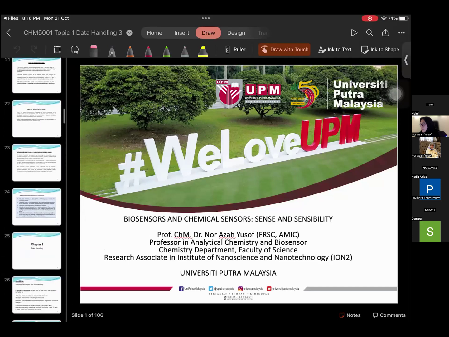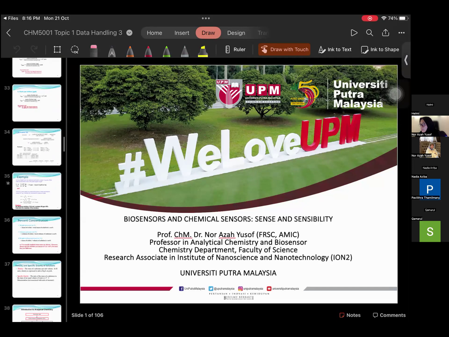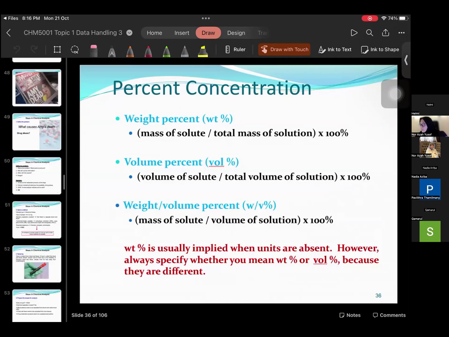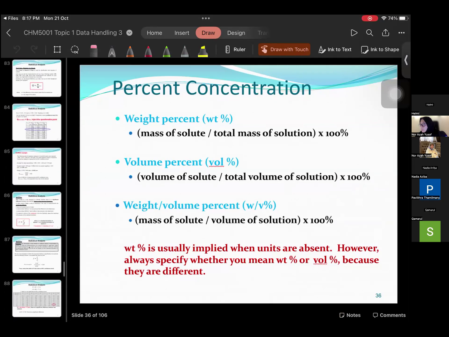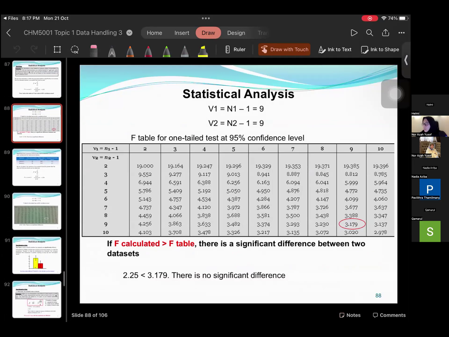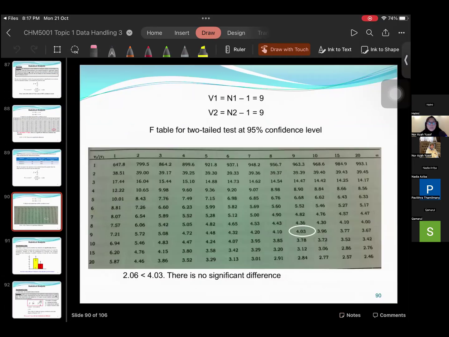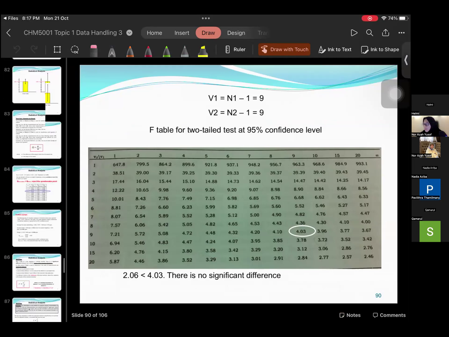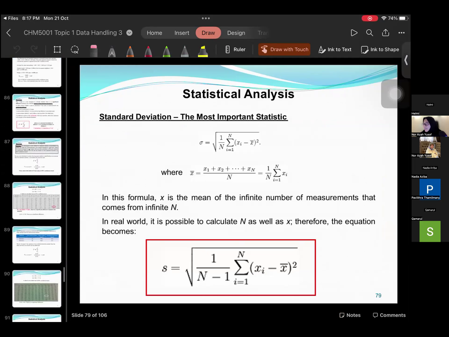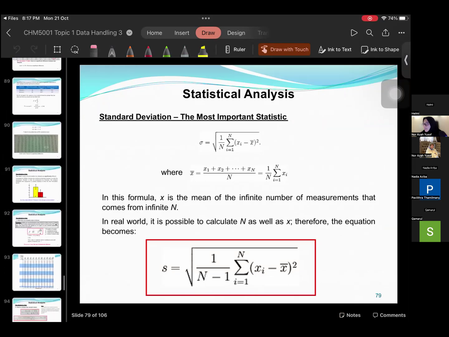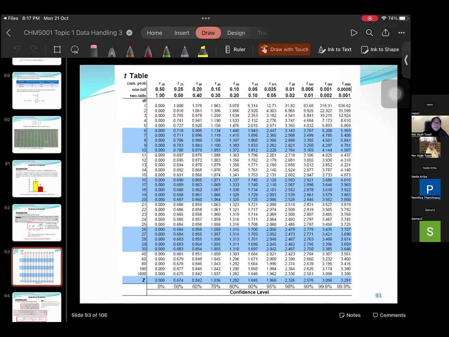I think I have the table here. This is the F table. Doctor, is it on slide 79, Doctor? Is this one, right? 79. 79 is the formula. Mine gives 70. Oh, 93. Sorry. Thank you.